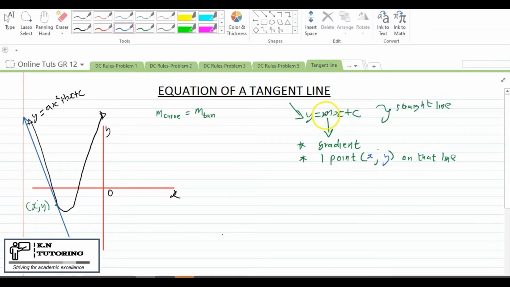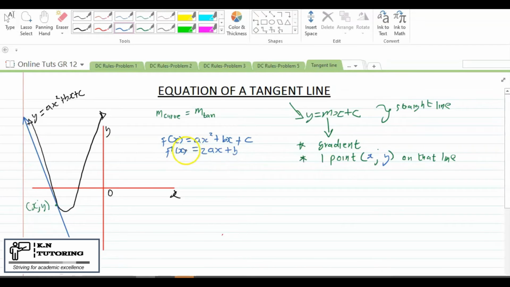There are a couple of things that you need to know when determining the equation of a tangent line. You take your general equation, ax squared plus bx plus c, and find the derivative of the curve, so f prime x is equal to 2ax plus b, and that will be your gradient.